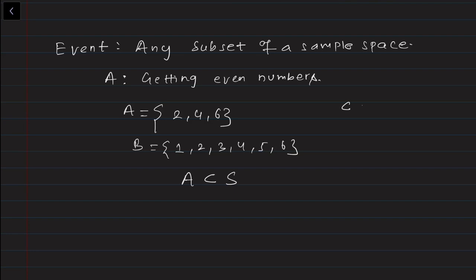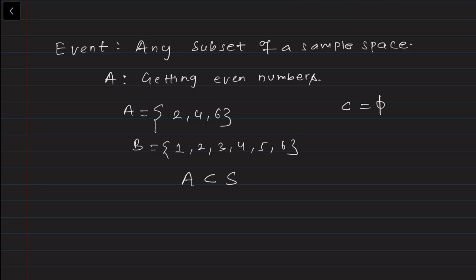Okay, so suppose for example, you want to get 7 on the dice. Is it possible? No, right? Because there are only 6 possible outcomes from 1 to 6. So you cannot get 7 on dice. That is an impossible event. Okay, so that's the null set, empty set.